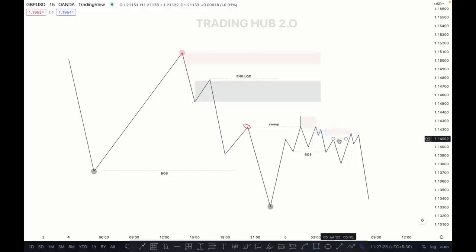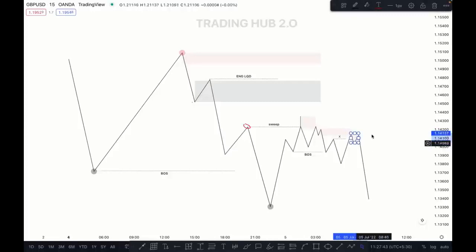Correct. This is another entry for the sell, and we can take another entry on the candlestick confirmation here, a single candle mitigation entry. I will talk to you about the single candle mitigation later in detail. Okay, so this entry is also probable for the sell, and we can stack multiple entries on the downside.